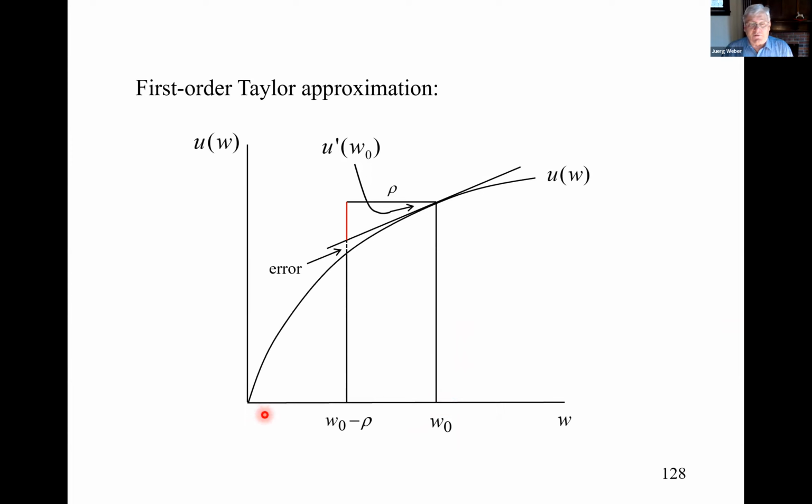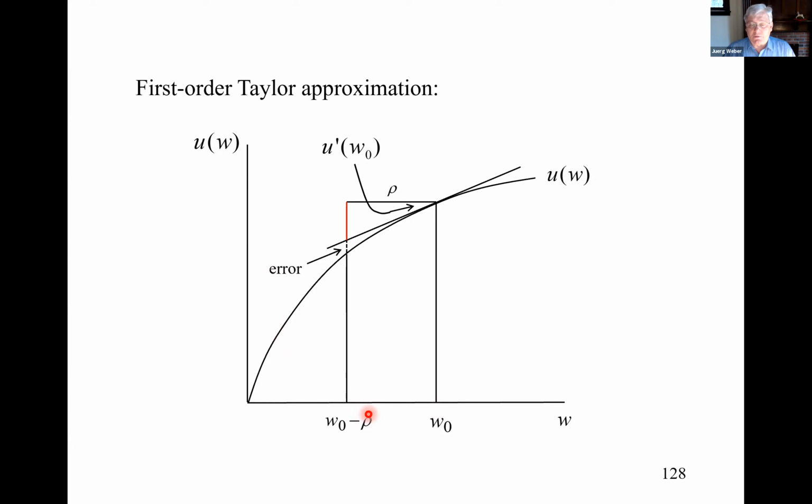If you only take a first order expansion, you would have a big error here. So on the right side of the equation, we take a second order Taylor series expansion. And later on, we also look at third and fourth order, but that will be a bit later on.